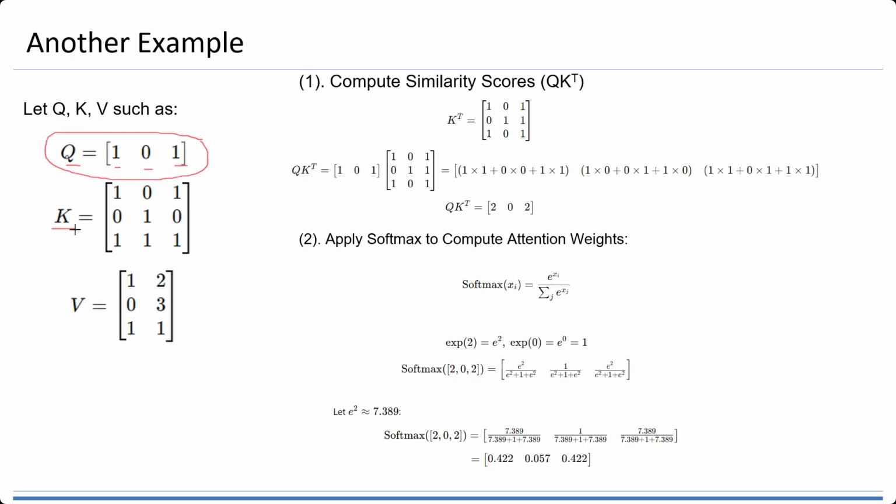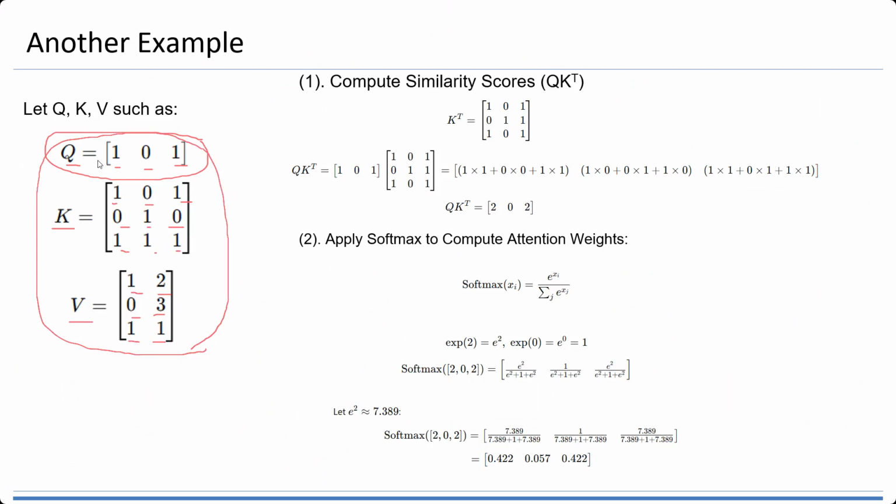The K is 1, 0, 1, 0, 1, 0, 1, 1, 1. And the V is something like this: 1, 2, 0, 3, 1, 1. Okay, so if you have this kind of matrix, what do you need to do?